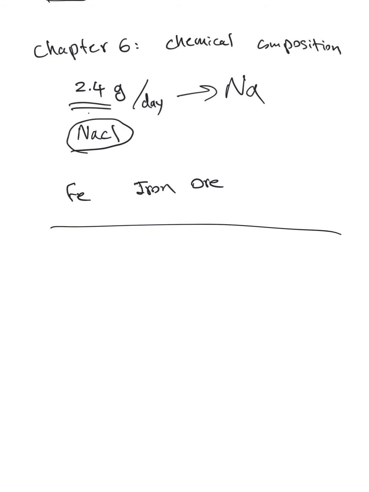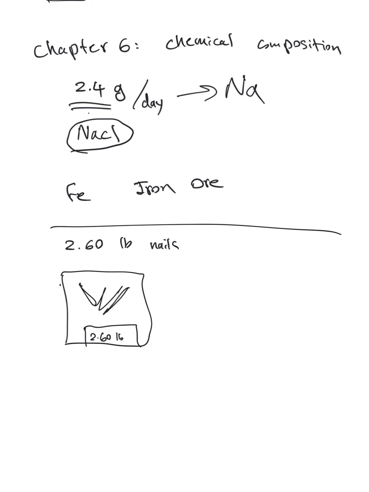So imagine there is a customer and they bought 2.60 pounds of nails. And imagine we have a scale here that is accurate, and we have some nails on it, and it's 2.60 pounds.